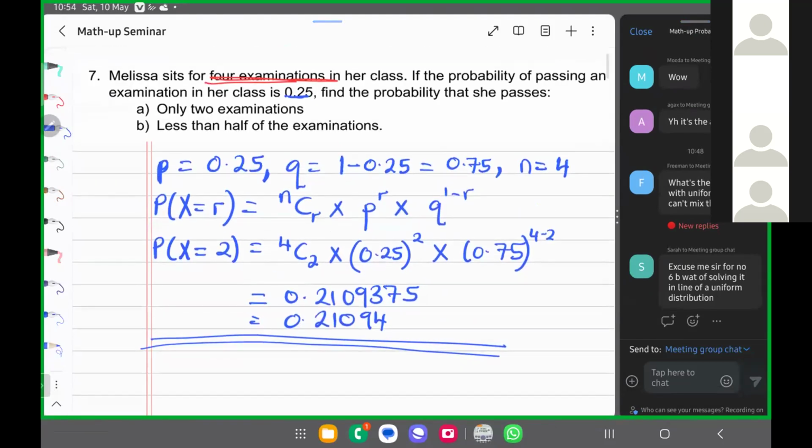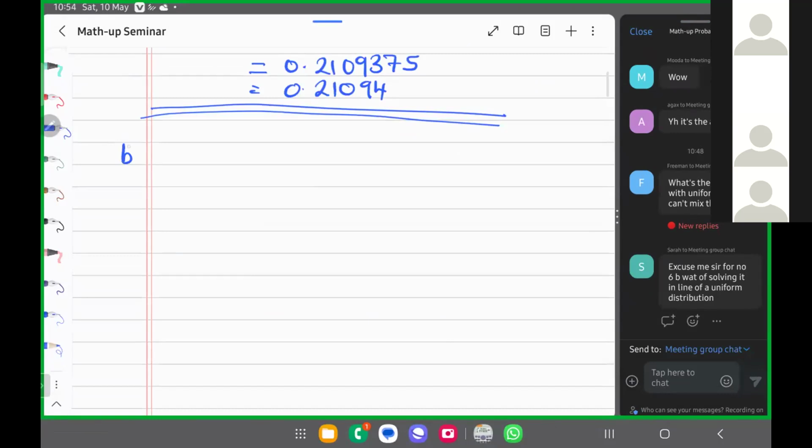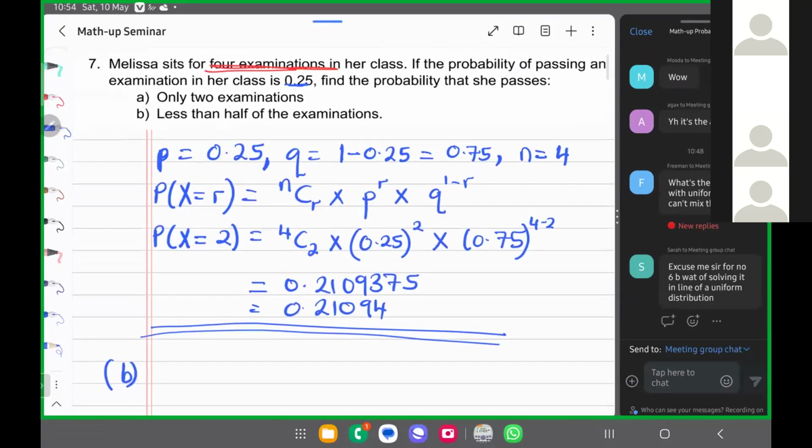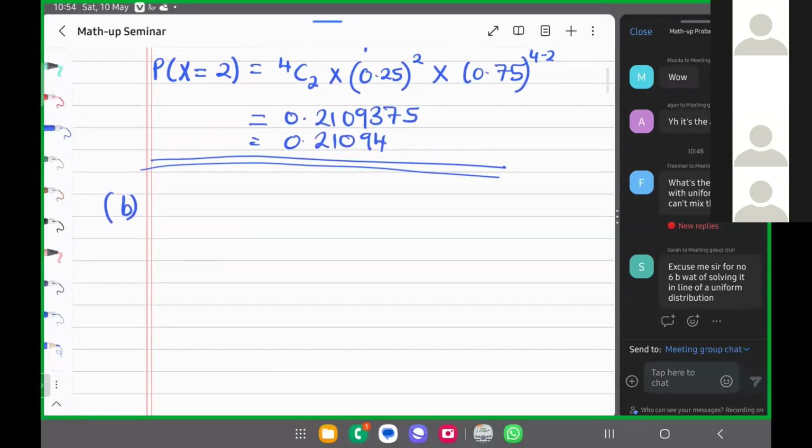Then part B wanted us to get the probability of passing less than half of the examinations. We know that half of 4 is equal to 2. So the probability of passing less than half of the examinations will be the probability of X being less than 2. That can be got by considering not passing any, because we also have that option.